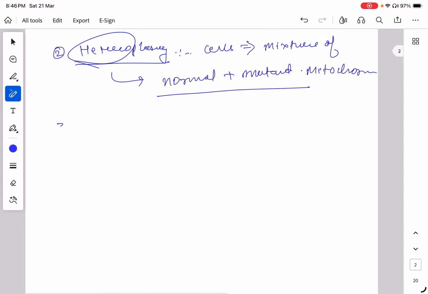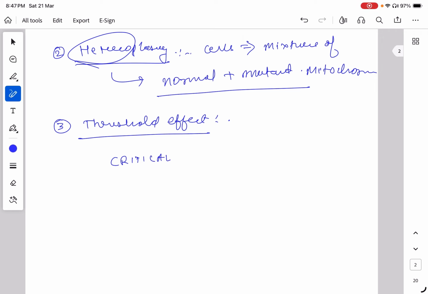Another important point and unique concept in the genetics of mitochondrial disease is the threshold effect. What is the threshold effect? Symptoms appear only when the mutant load crosses a critical level. Like a viral disease, where if a particular viral load is achieved, then the disease appears.